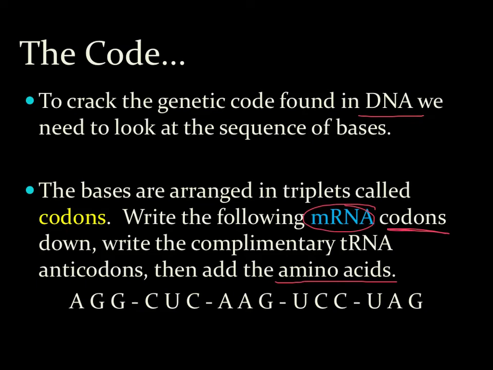The codons give us the specific amino acid sequence. So if we use these bases, AGG, CUC, etc., in a specific tool called an amino acid chart, we'll be able to list the amino acids in order.